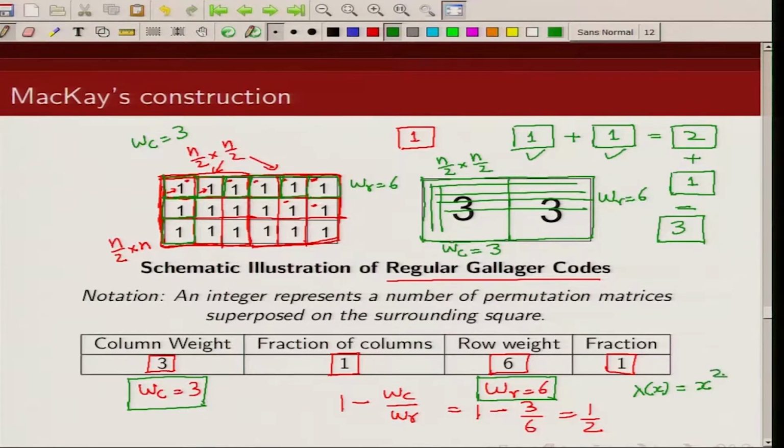So, the degree distribution for the column for this regular LDPC code will be x square. Similarly, the row distribution here, because all the nodes have row weight 6, will be x raised to the power 6 minus 1, that is x to the 5. So, that is how we write the degree distribution.